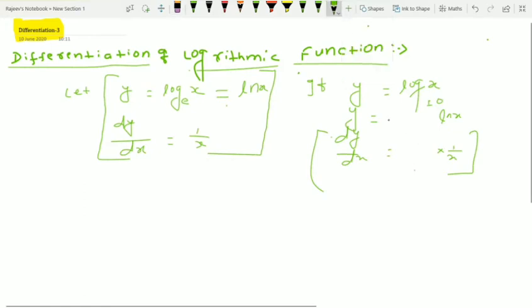So this will be multiplied by 2.303. So this is the differentiation of a logarithmic function.